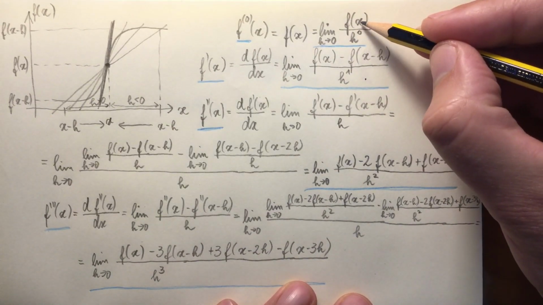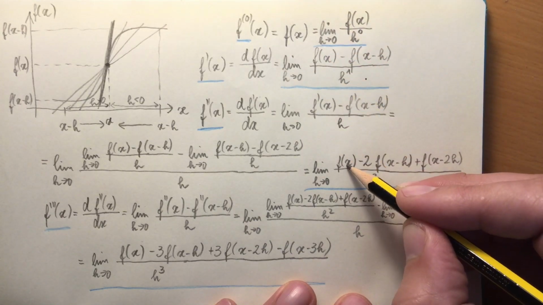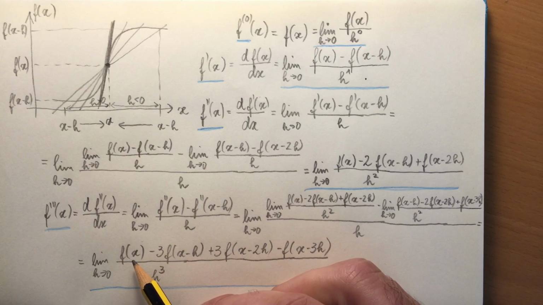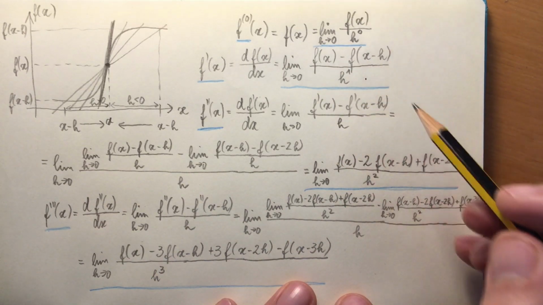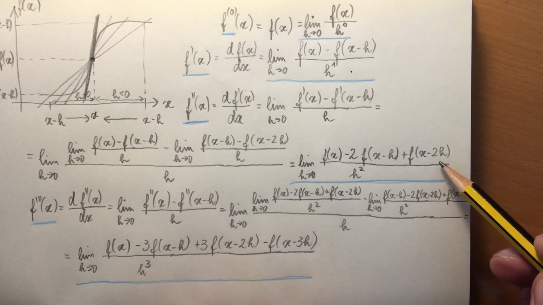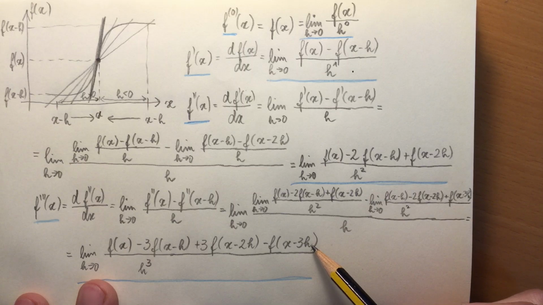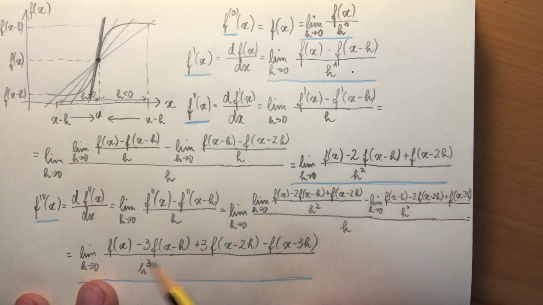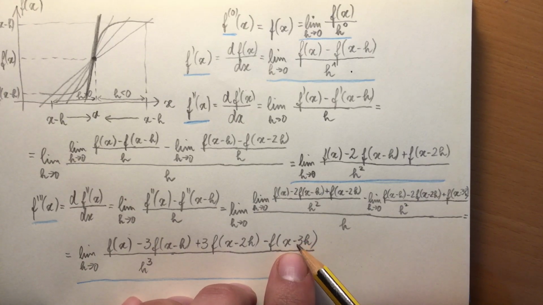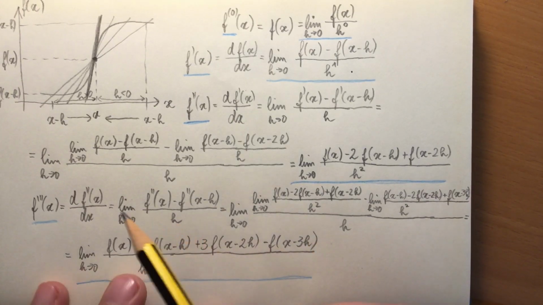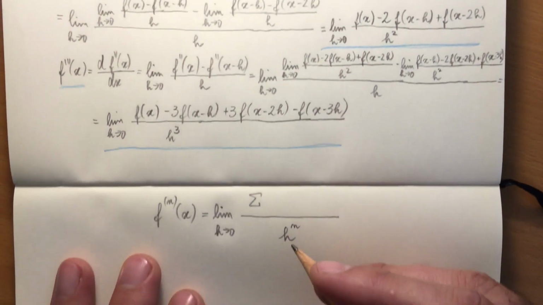Here I have f of x, and I always begin with f of x. Then I have f of x minus h. Here I go up to x minus 2h, here up to x minus 3h. That is to say, I subtract up to x minus a multiple of h given by the order of the derivative itself.